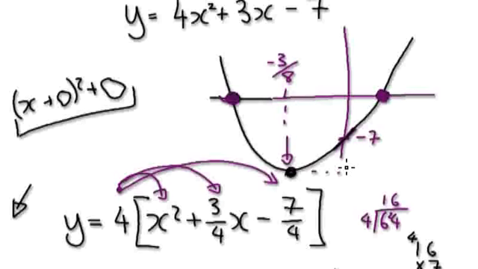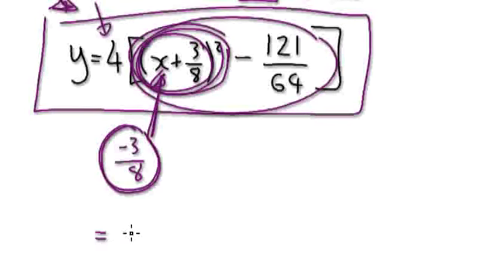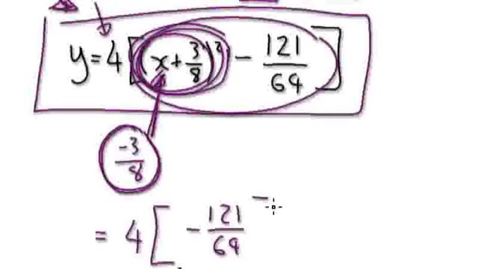But what is the y value here? If you put this in here, everything in the bracket will be 0. So the y value will be 4 times minus 1 and 1 over 64.